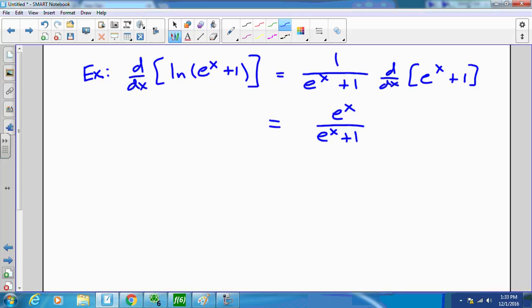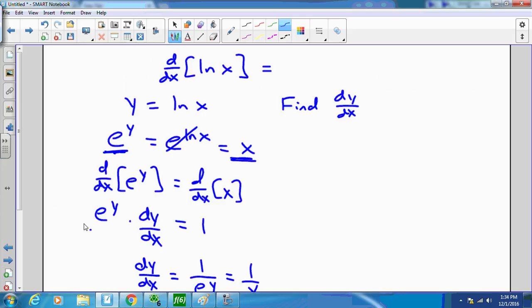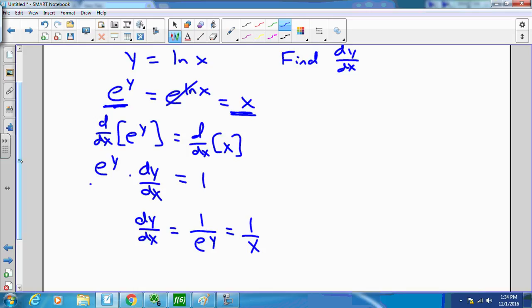How are we doing so far? You guys that were here, you can look at this. Does this make sense? Well, this is essentially our derivation of this derivative rule, and the derivation follows the same pattern that we did for the inverse trig functions. First, we had an inverse that we didn't really know what to do with, so we undid it.